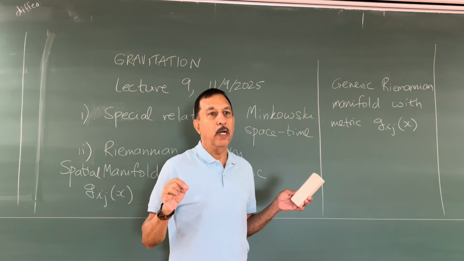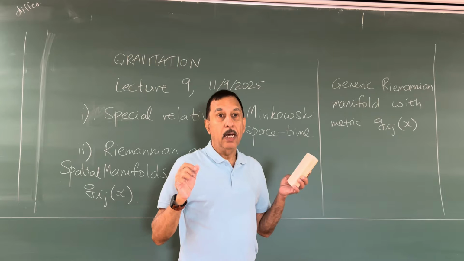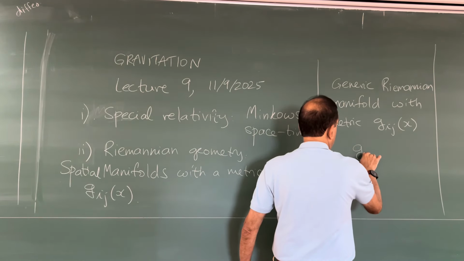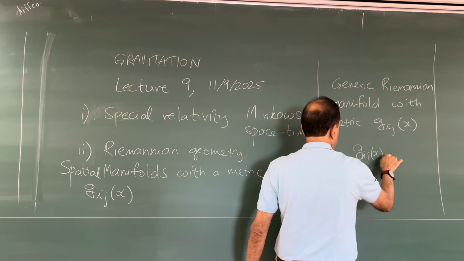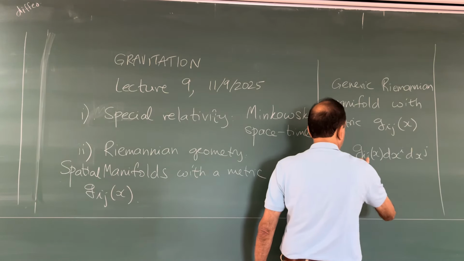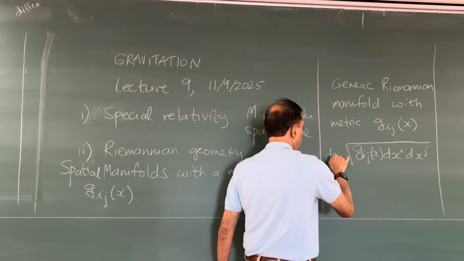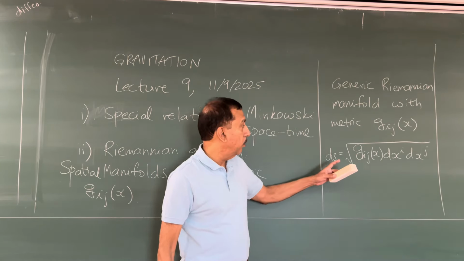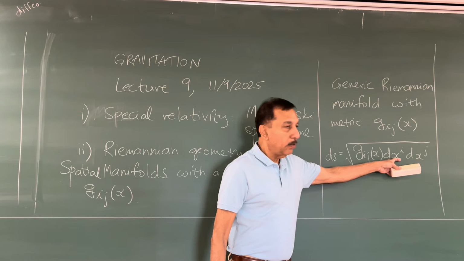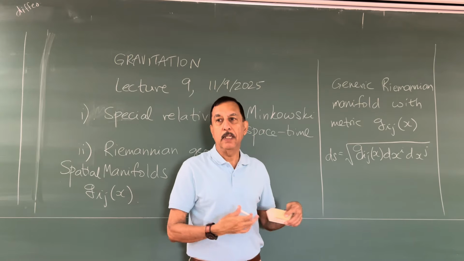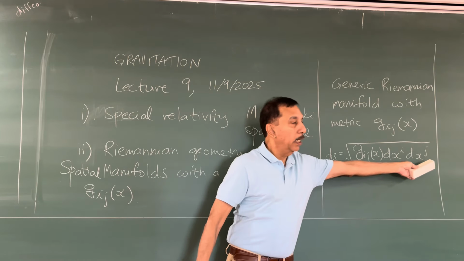That means any 2 points which are not the same have to be separated by a positive distance, and the distance is calculated by the distance element, the square root of Gij dxi dxj. And this quantity is invariant under all changes of coordinates on the manifold, because x obviously transforms under that change and g transforms in a compensating way to keep this whole thing invariant.